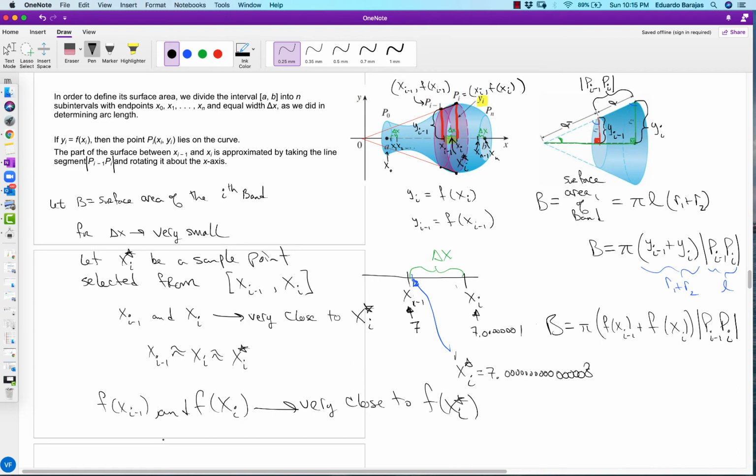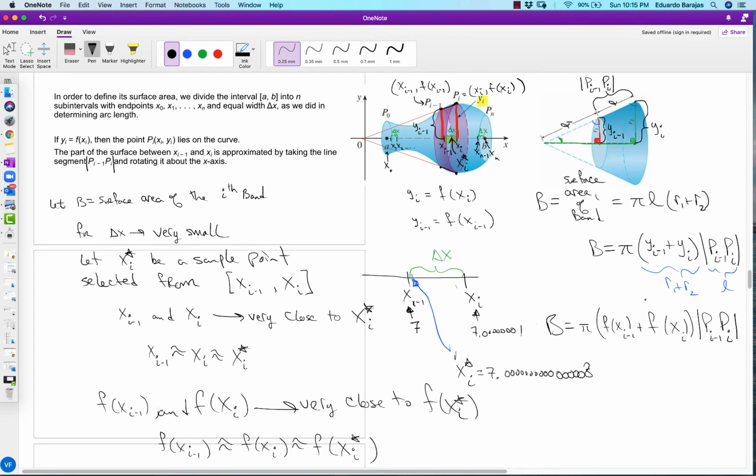They're all close together. So again, we could say that approximately f of x sub i minus 1 is approximately equal to f of x sub i, which is approximately equal to f of x sub i star.